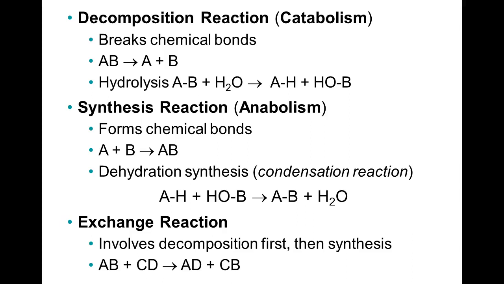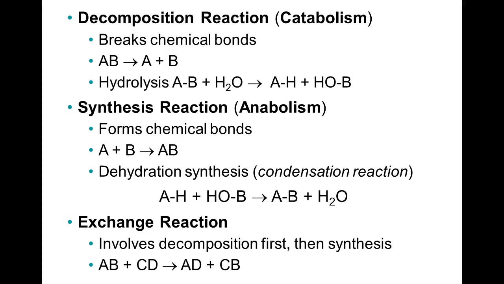Then on the other side of the reaction, the building up portion of it, synthesis reaction, forms a bond. So you take A and B as their molecular products and bond them together to form the AB compound. This is called a dehydration synthesis. So dehydration, you're going to take water out.